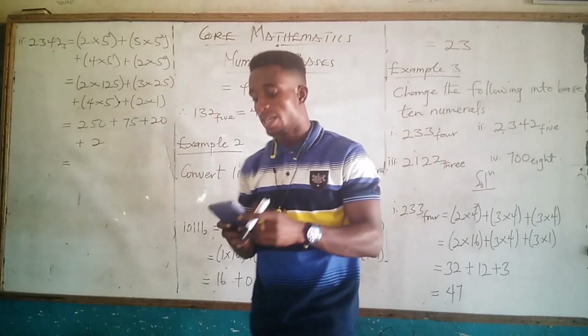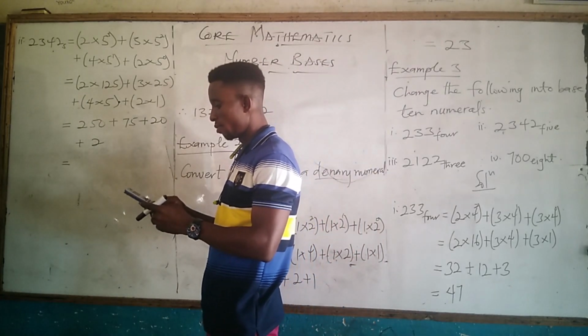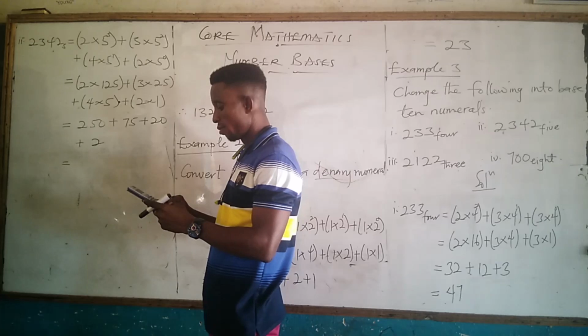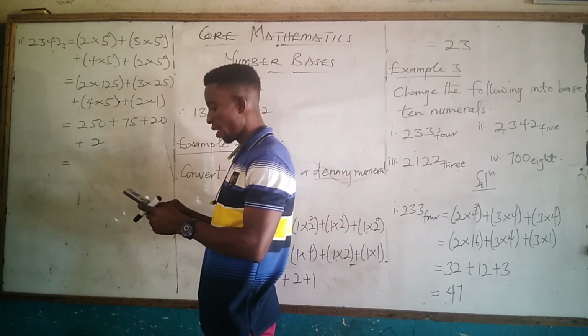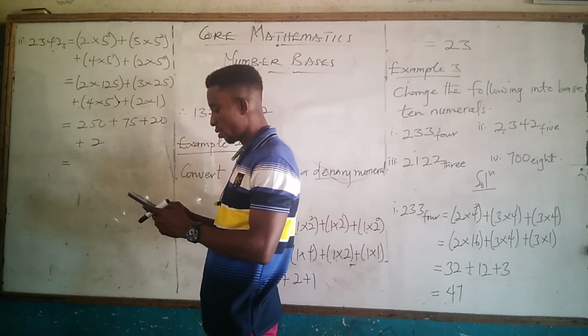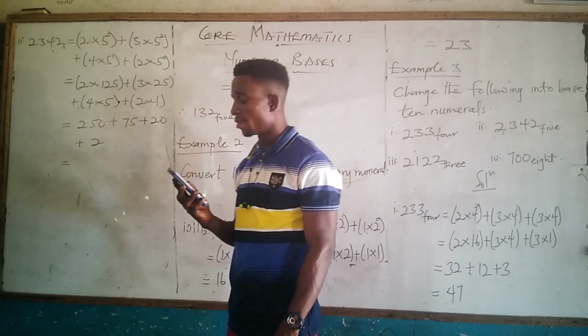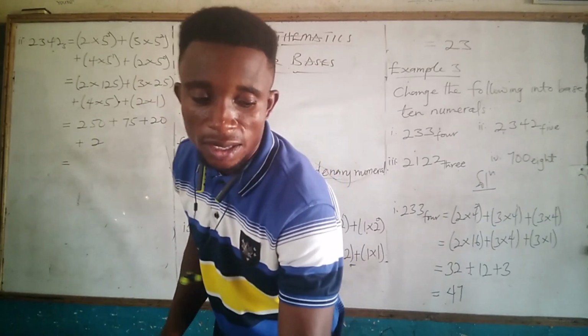So you use your calculator. So I have 250, then plus 75 plus 20 plus 2, and that one is 347.